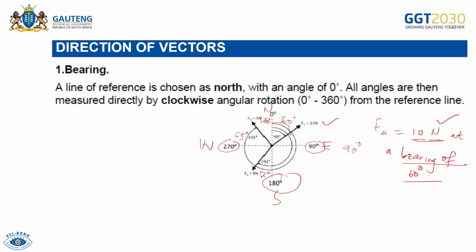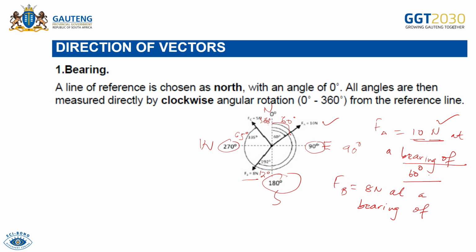Then let's look at FB. The magnitude of FB is 80 newtons, at a bearing of what? From north, your reference, remember, if you're using bearing, north becomes your zero position.